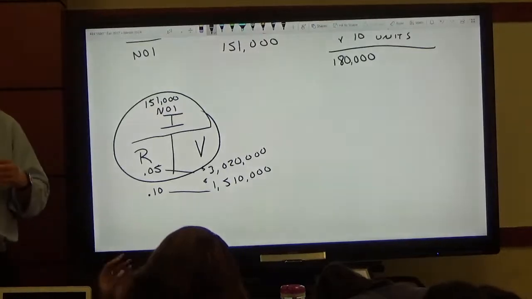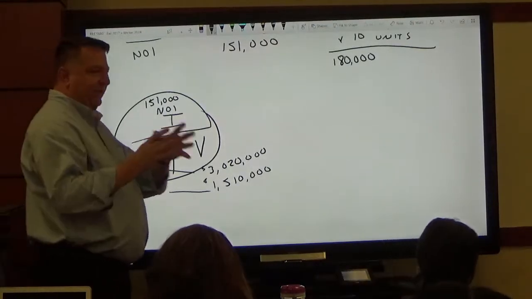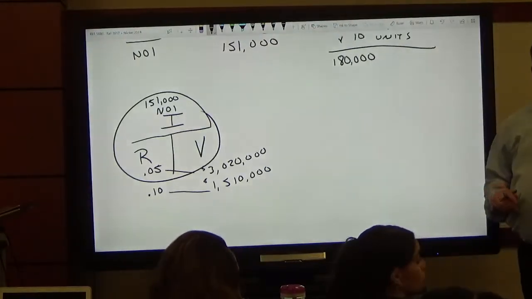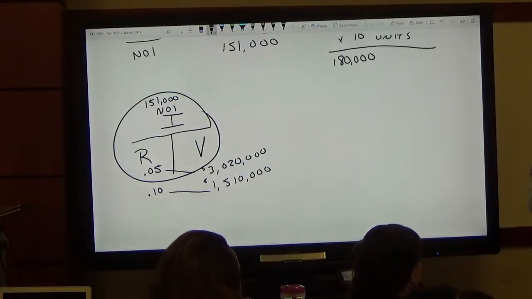But also, kind of bound up in that perception, let's say that you're intimately familiar with a particular market. You know every single player, every transaction, every price point, every lease rate, every lease expiration, you know everything about that market.